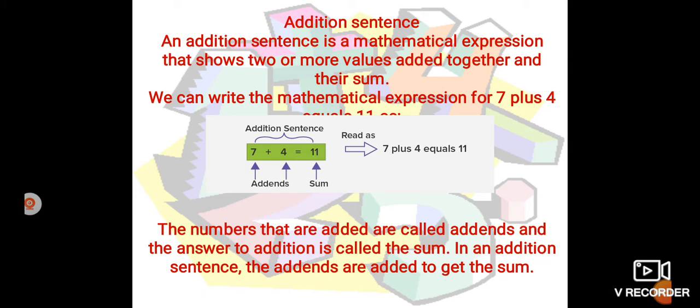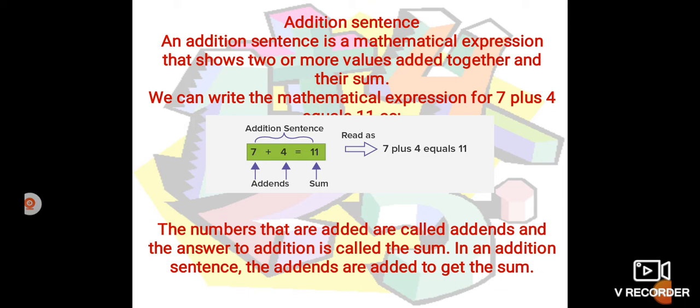The sum is equal to 11. Children, in this figure, I am showing you the addition sentence, that is 7 plus 4. 7 and 4 are the numbers which we have to add. These numbers are said to be the addends.